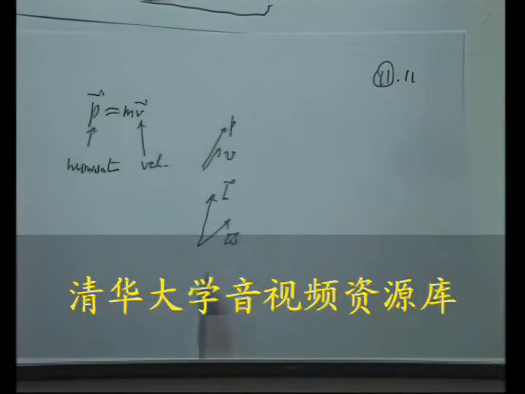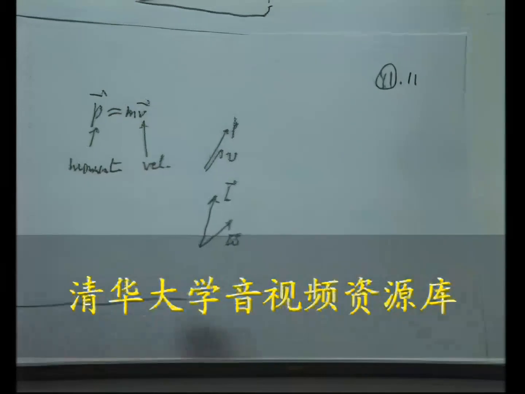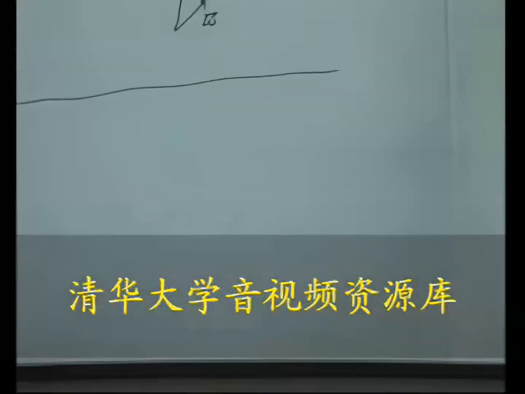And that lack of parallelism between omega and L is what makes angular motion sometimes very complicated. Is everybody happy so far?